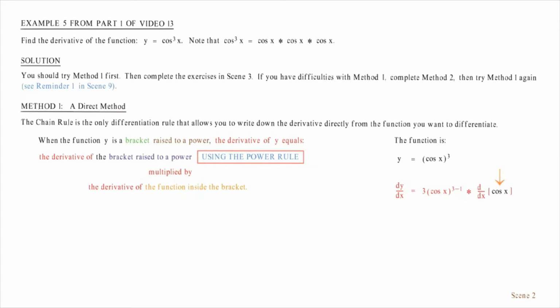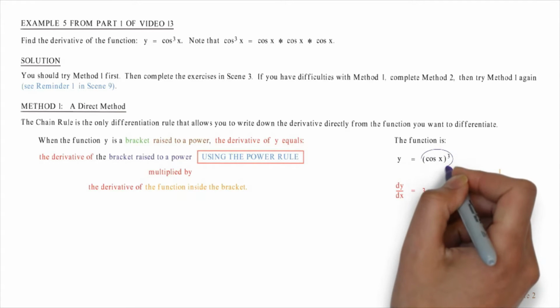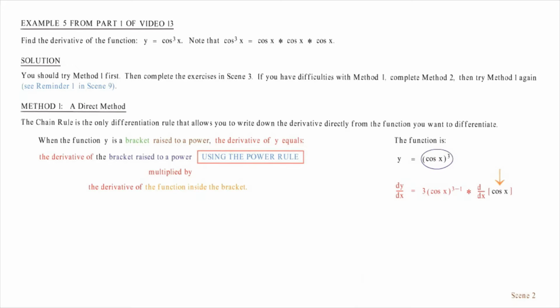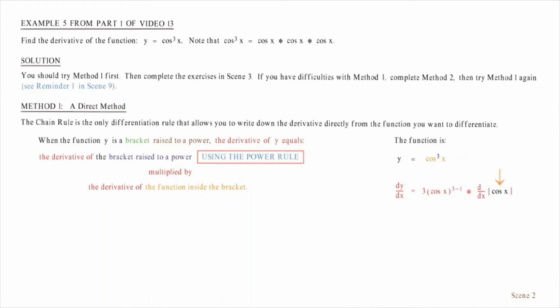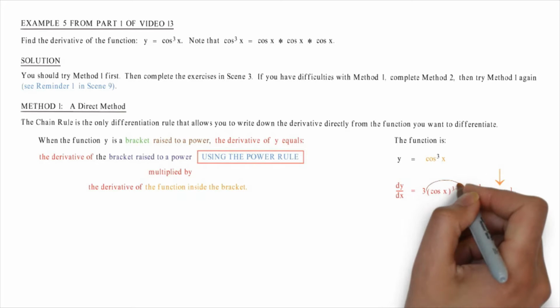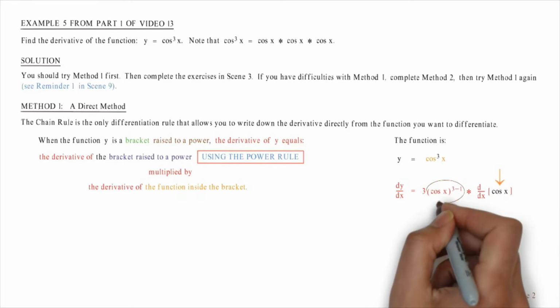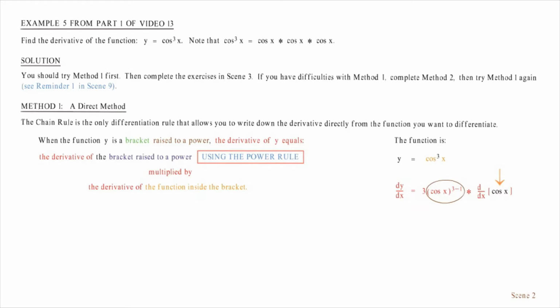Now replace cos of x all cubed with cos cubed x and cos of x to the 3 minus 1 with cos squared x.